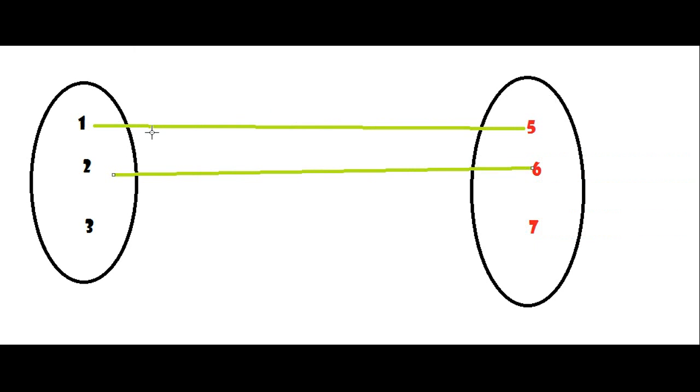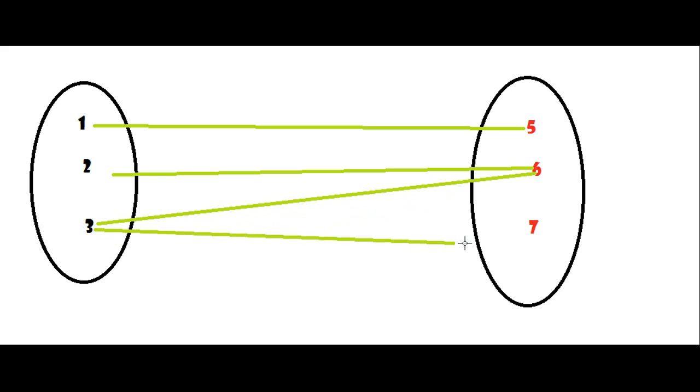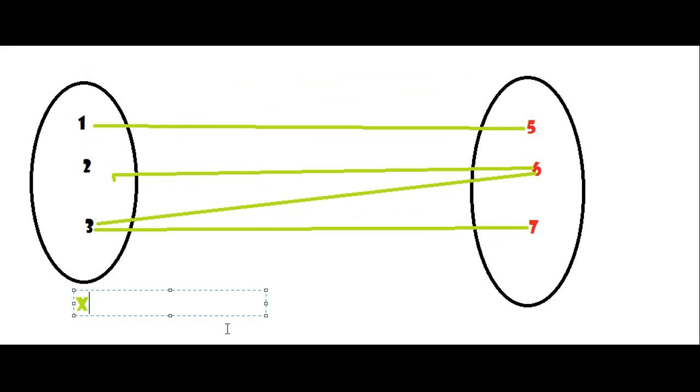So 2 is mapping into 6, 1 is mapping into 5, 3 is mapping into 6, and 3 is also mapping into 7. This is set X, this is set Y. Now you tell me, is it a function?